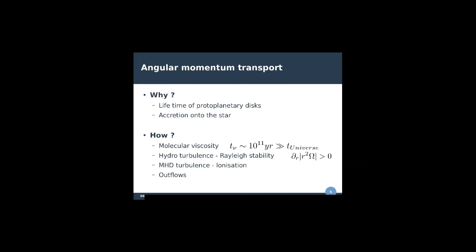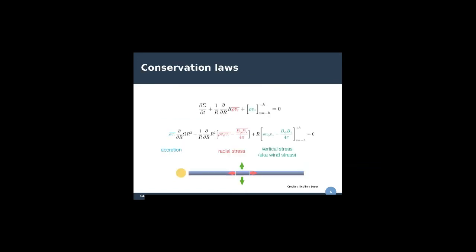And the last solution is outflows, which is also related to magnetic fields. As this program is mainly on hydro, I will mainly discuss the hydroturbulence here, and some of the ideas for explaining the hydroturbulence.